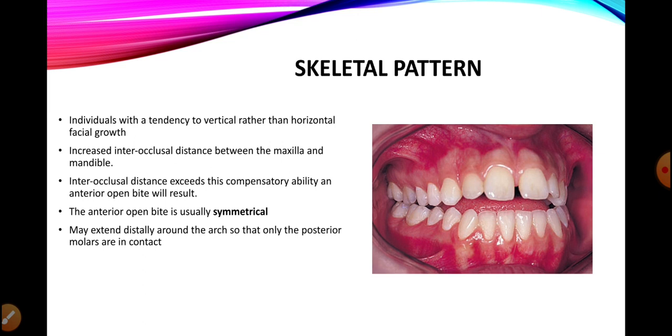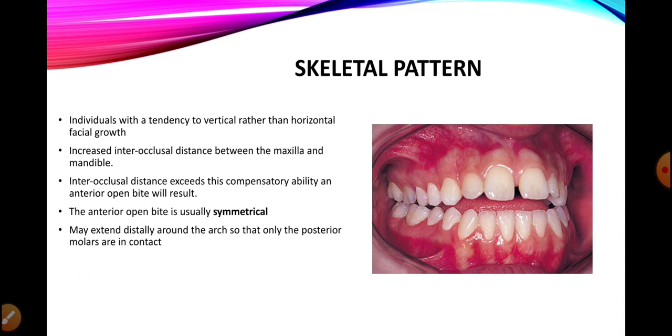About the skeletal pattern, the individuals who have a tendency for a vertical rather than a horizontal facial growth exhibit increased vertical skeletal proportions. By this I mean the individuals who have a long face tendency are more prone to develop an anterior open bite instead of the patients who have a low angle or a normal face tendency.